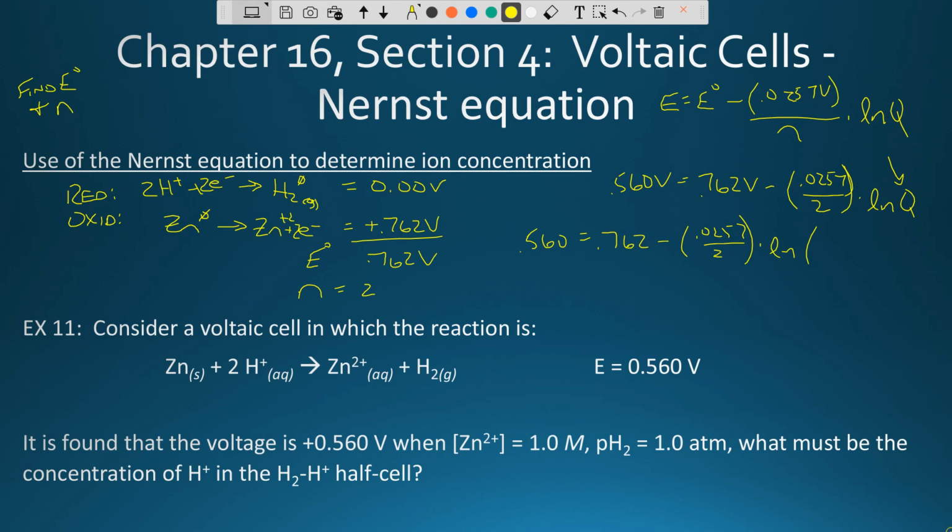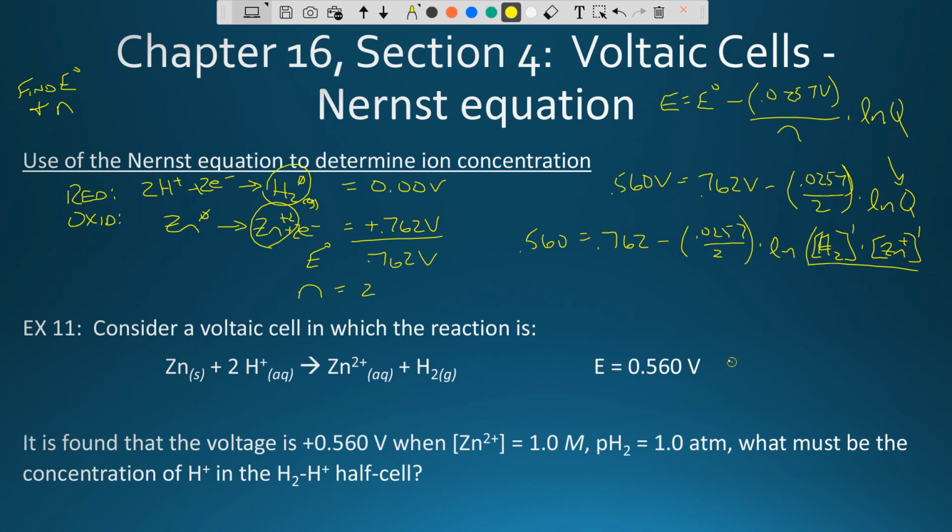So I see that I had my pressure of my hydrogen, and so I had the hydrogen gas, and the balanced equation, that was a 1. And I see also I have my zinc in there, and that's my zinc ion. Okay, so there's a couple things in my products, and I see that was a 1 as well, wasn't it?